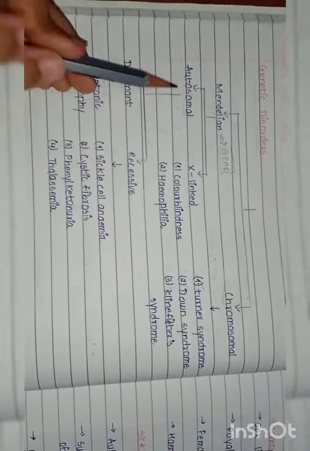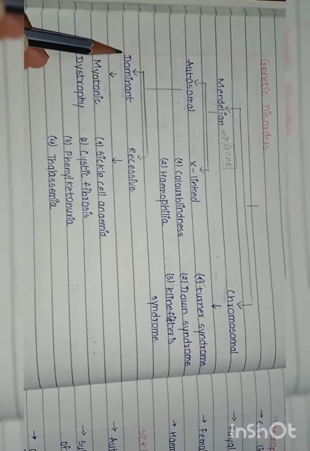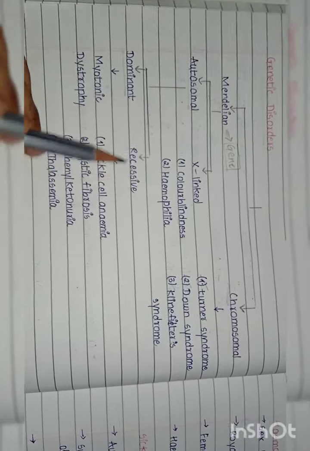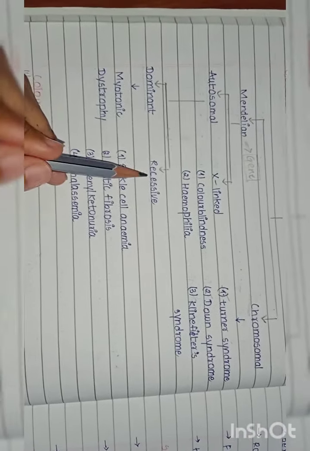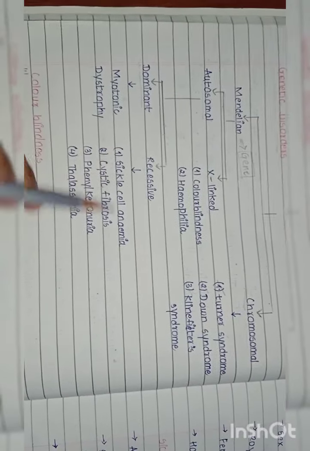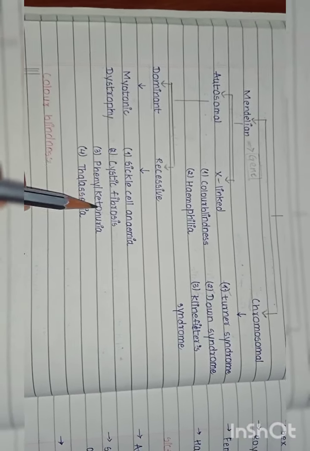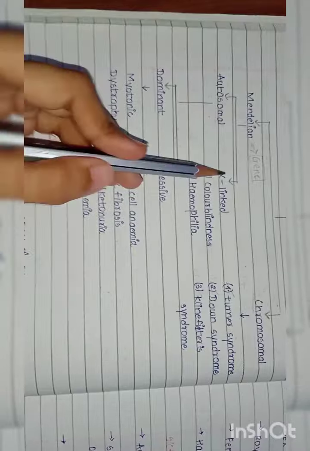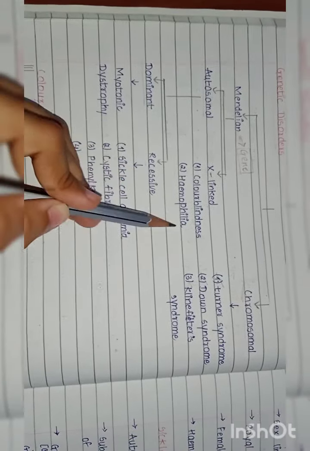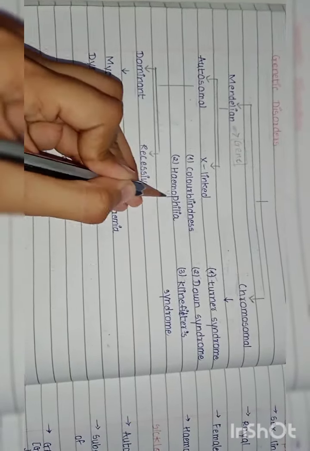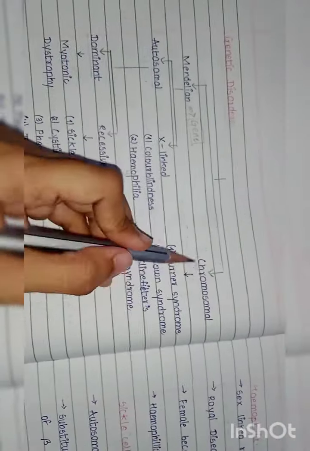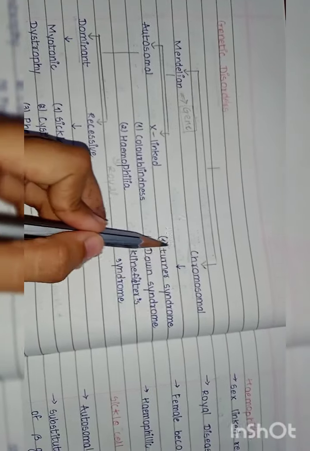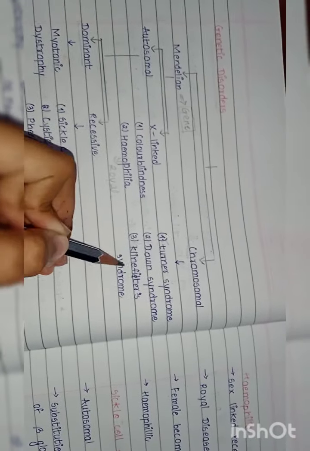Autosomal is further divided into autosomal dominant and autosomal recessive. For example, myotonic dystrophy is autosomal dominant. Autosomal recessive includes sickle cell anemia, cystic fibrosis, phenylketonuria, and thalassemia. X-linked diseases include color blindness and hemophilia, which is also known as royal disease. Chromosomal disorders include Turner syndrome, Down syndrome, and Klinefelter syndrome.